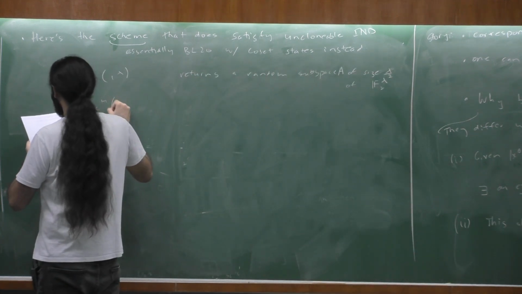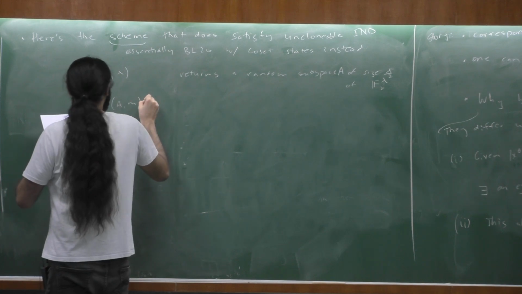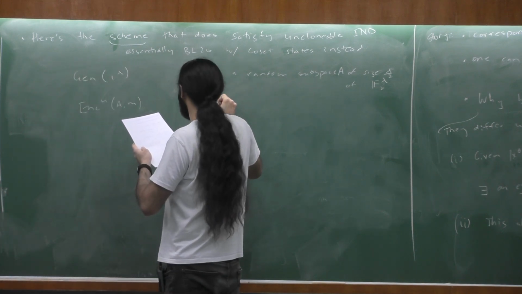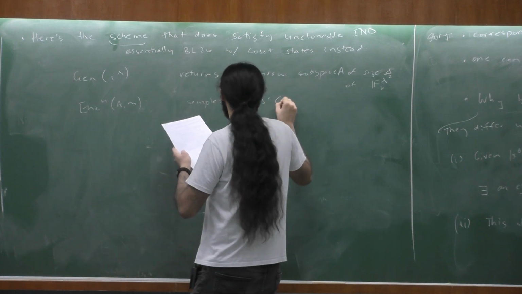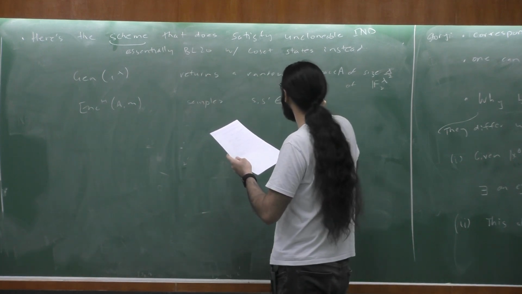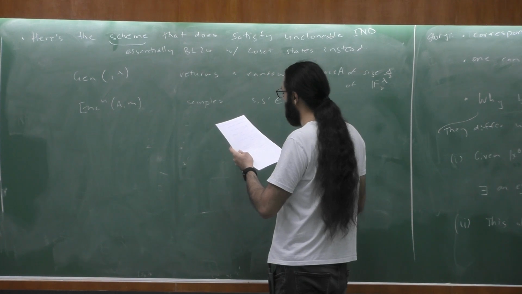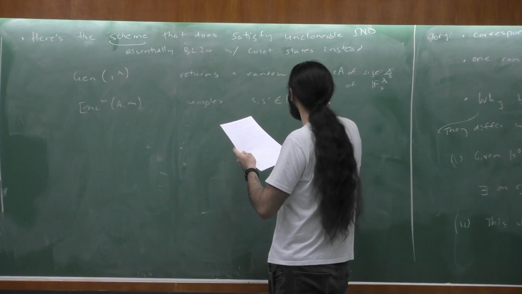So encryption takes A comma M, samples S prime in F2 to the lambda. Why have I written lambda A? What is A?